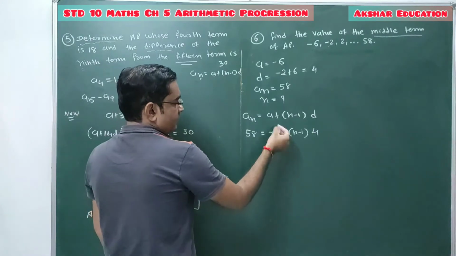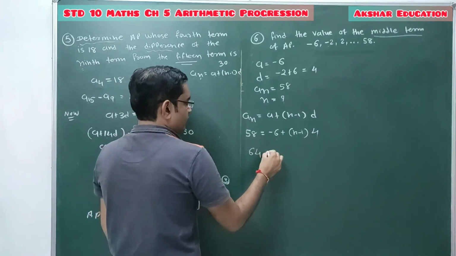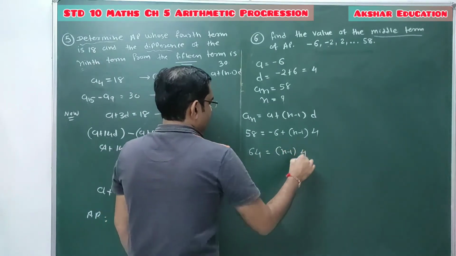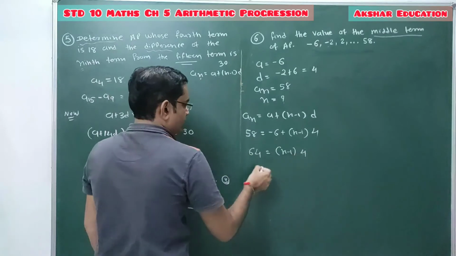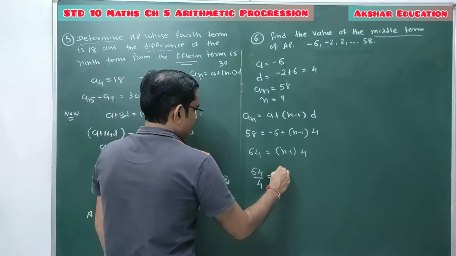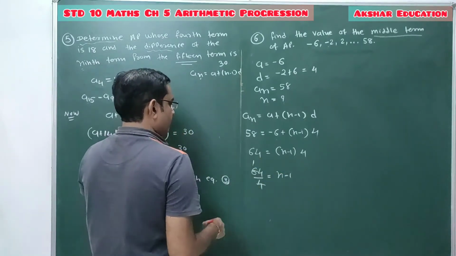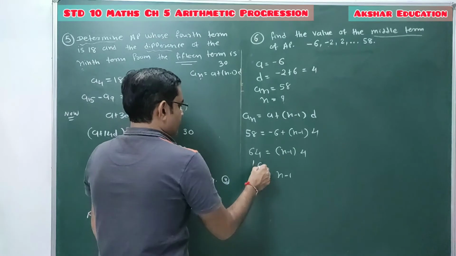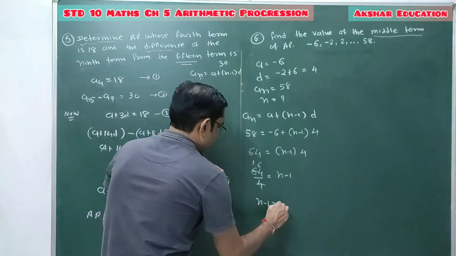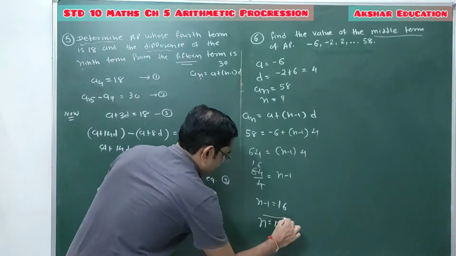Now taking this minus 6 to the left hand side, 58 plus 6, 64, equal to n minus 1 into 4. Now take this 4 into division, so it's 64 by 4 equal to n minus 1. 4 ones are 4, 4 sixes are 24... 4 sixes are 24, 4 fours are 16, so we are getting n minus 1 equal to 16. So the number of terms n equal to 17.